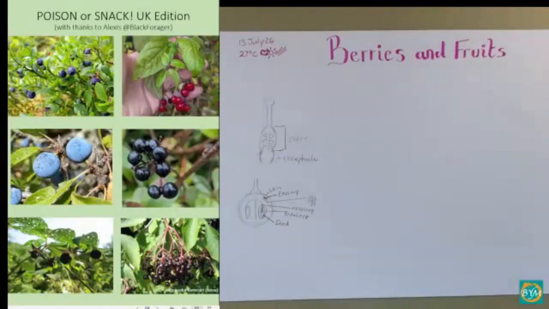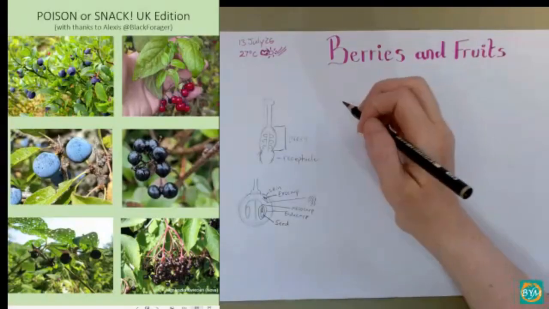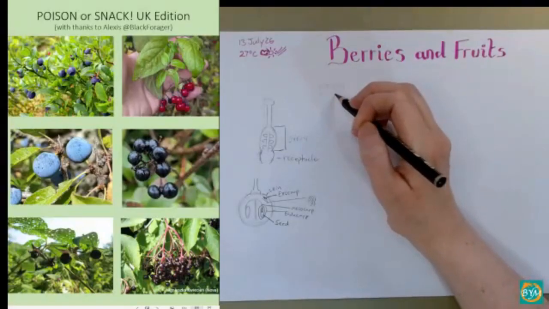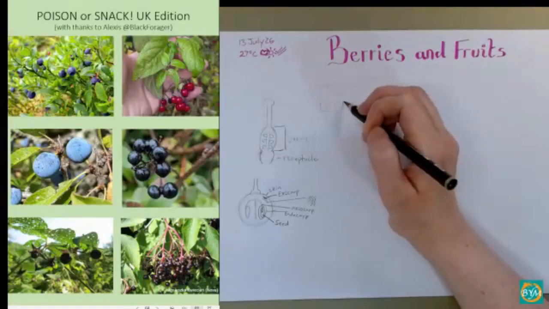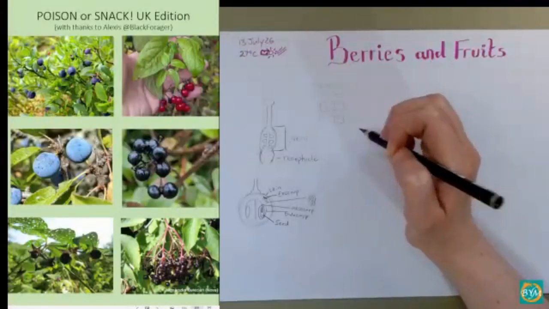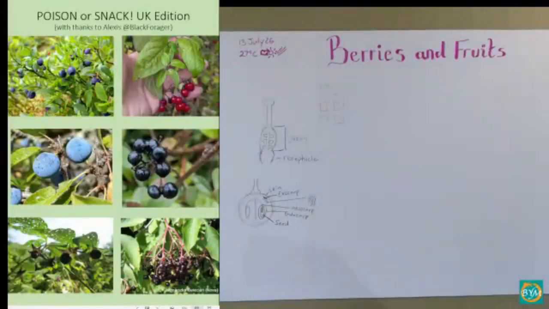So you can say top left, top right, and so on, poison or snack in your little grid, and give yourself a few minutes to take a really close look, get an idea, and you might be familiar with some, you may not, but have a try.